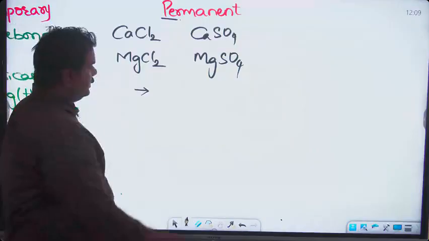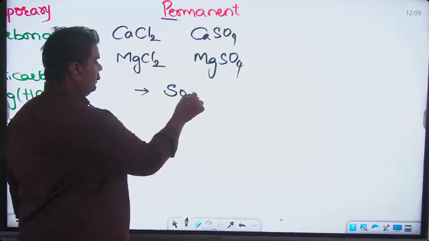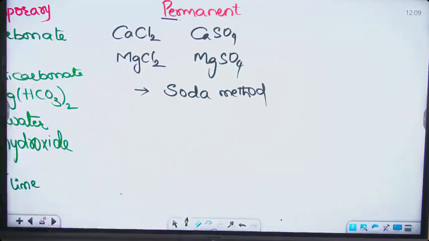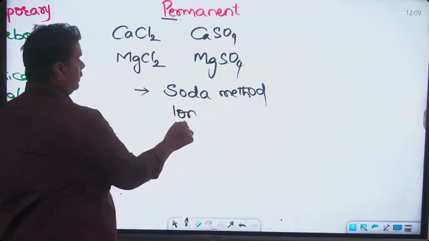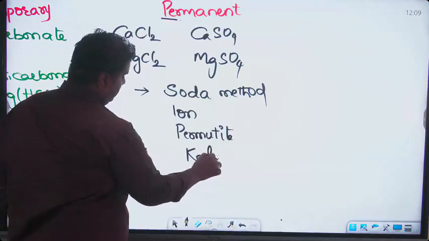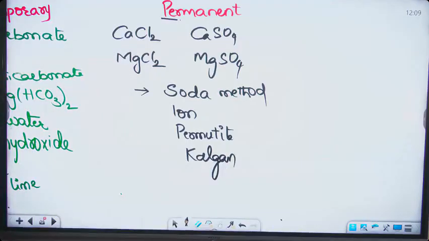Permanent hardness can be removed by four methods: soda method, ion method, permutit method, and Calgon method. These are the four different methods available for removing permanent hardness in water.